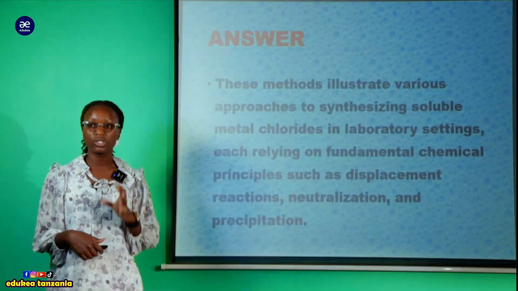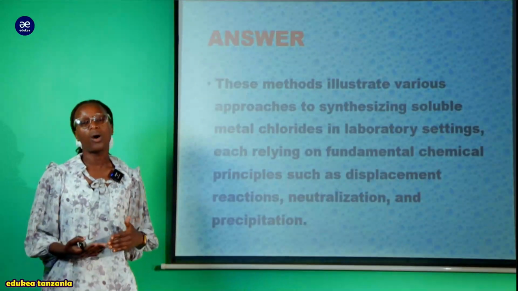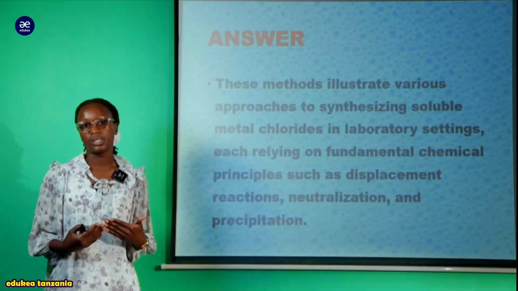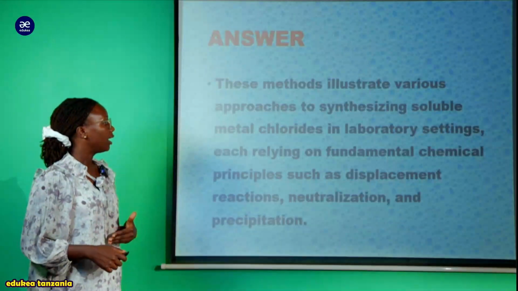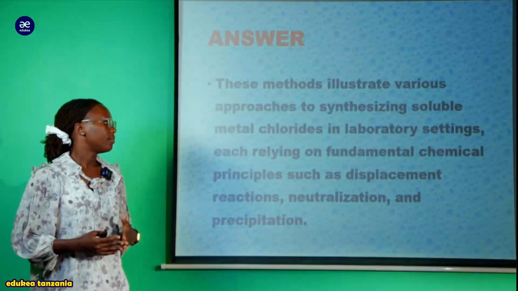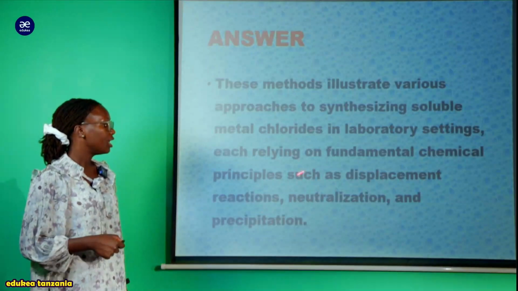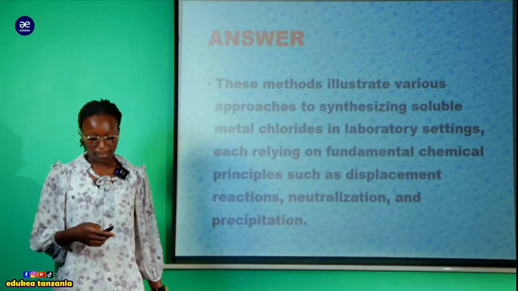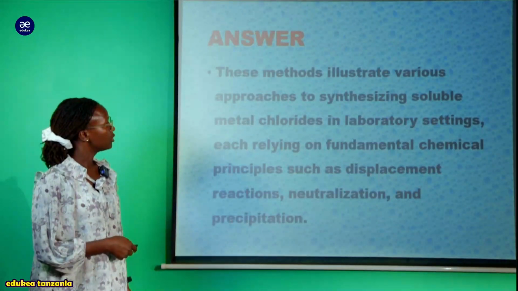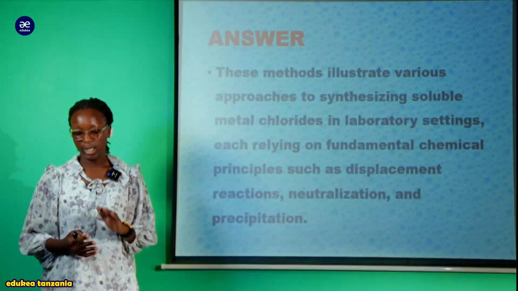All the methods we have seen show that there is great capacity to produce in chemistry. Synthesizing means producing or processing to obtain those soluble metal chlorides in the laboratory setting, each relying on fundamental chemical principles such as displacement reaction, neutralization and precipitation. This was just a conclusion of what we have discussed in general.